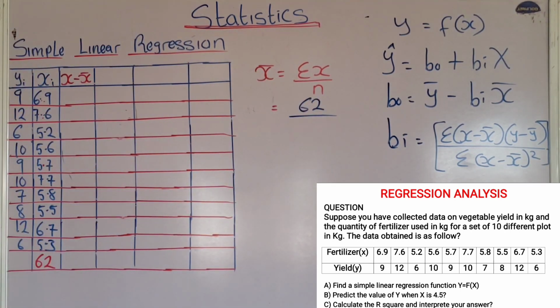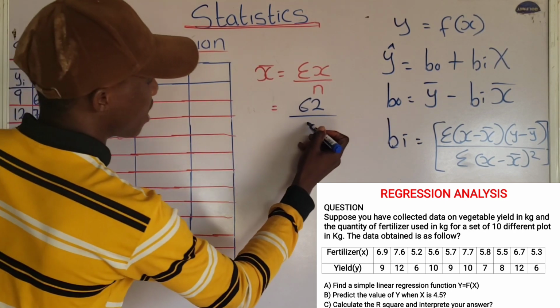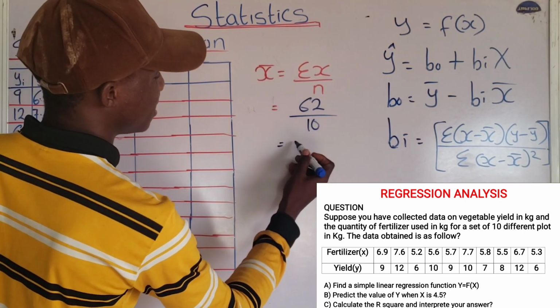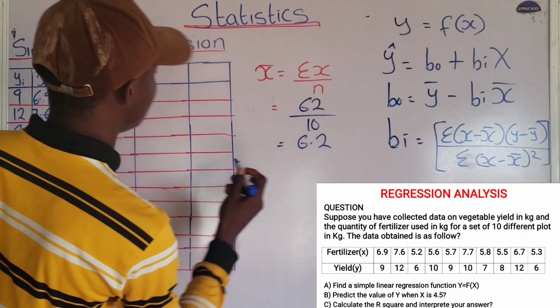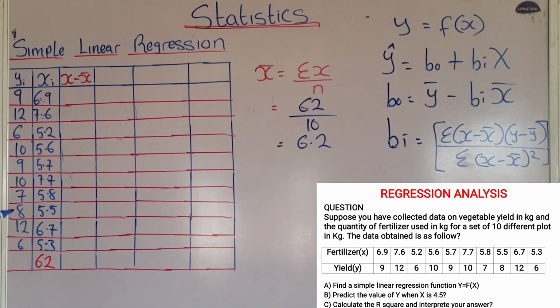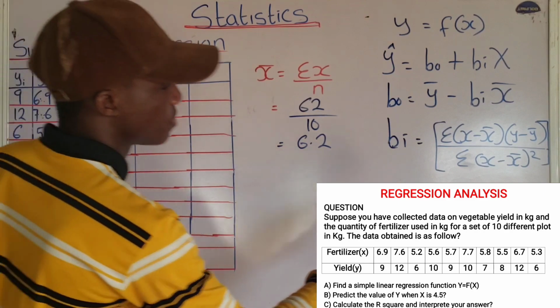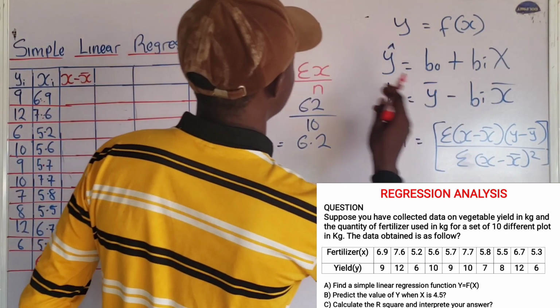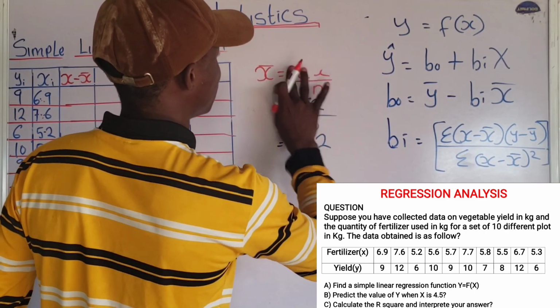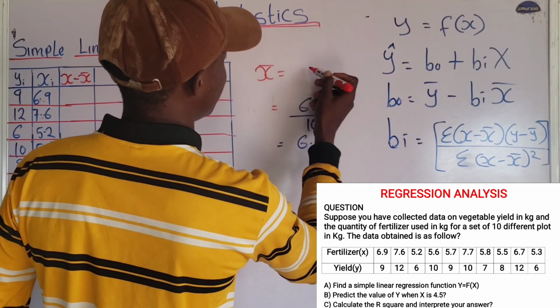N is the total number of x. So I'm going to have 1, 2, 3, 4, 5, 6, 7, 8, 9, 10. So we are having 10. 62 divided by 10 is 6.2. So the mean value is 6.2. So just keep it. Write it somewhere. X bar is 6.2.